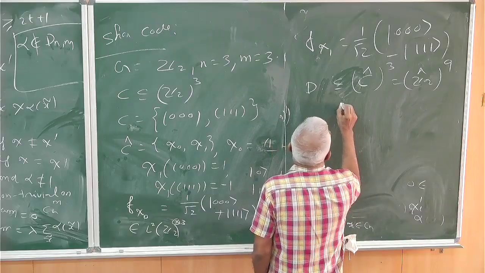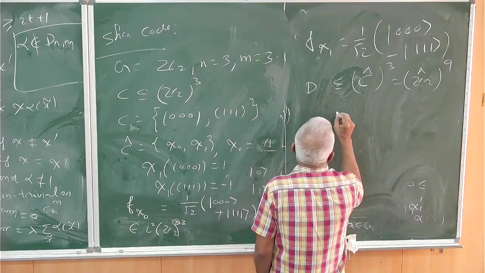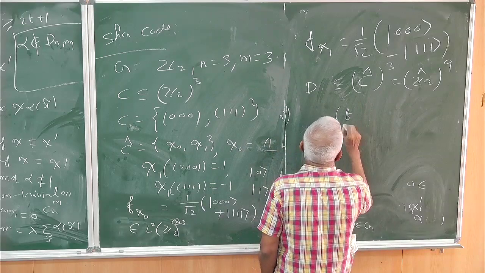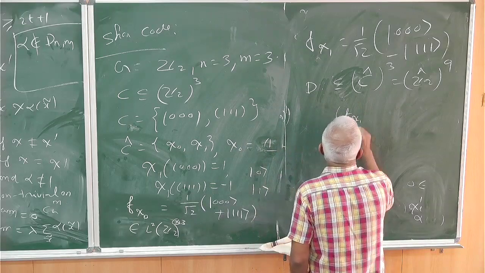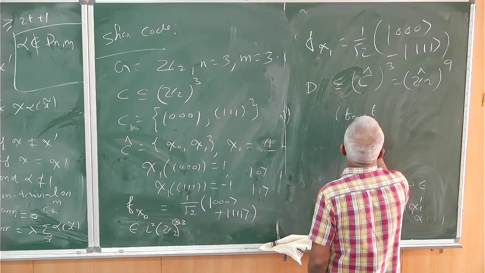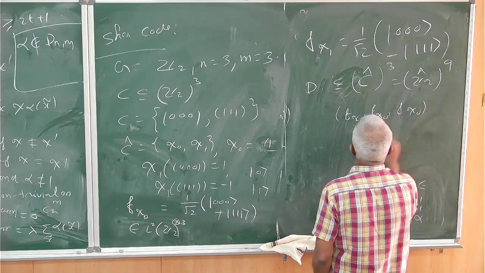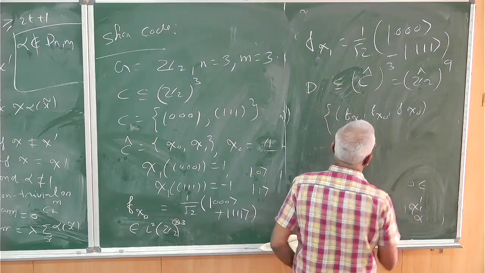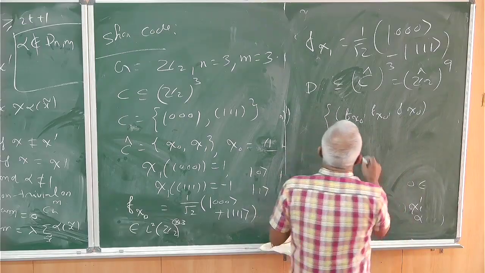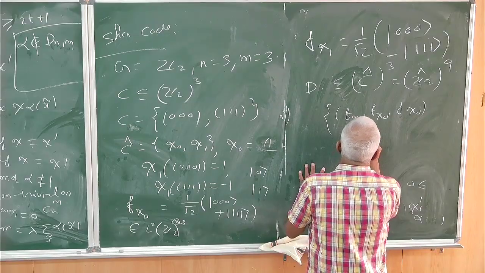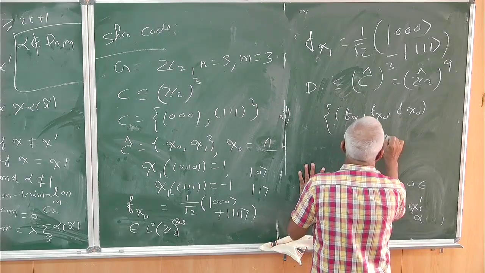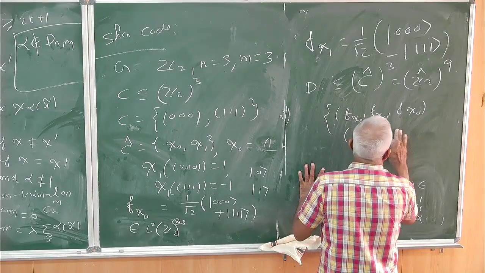D is going to be F chi 1, F chi naught, and I take the same thing with two elements, F chi 1, F chi 1, another two, F chi 1.